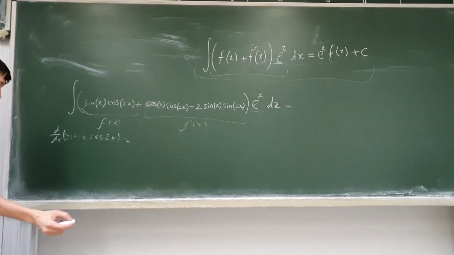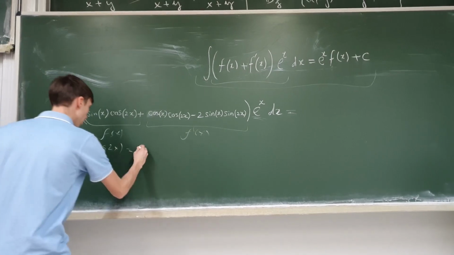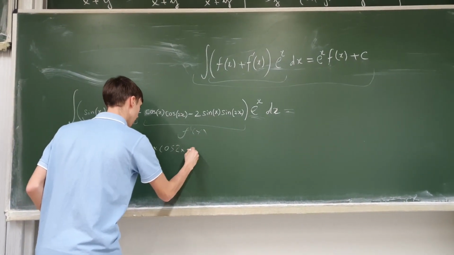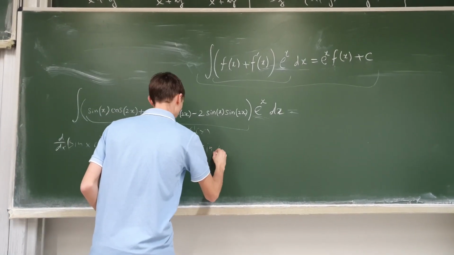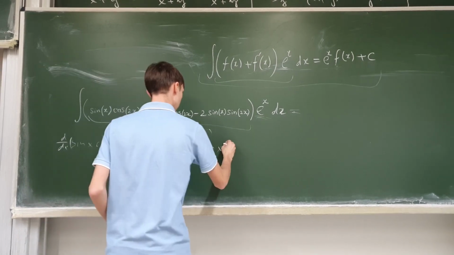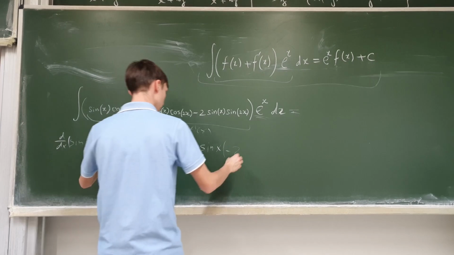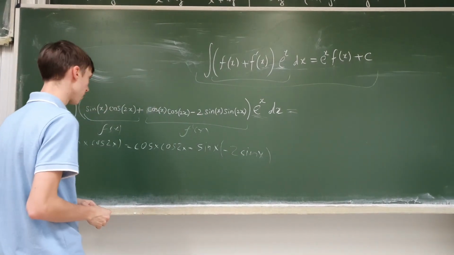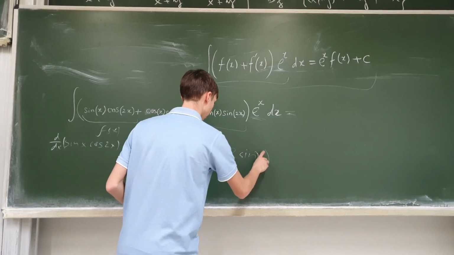Well, we can use product rule from the outside, which is cosine x cosine 2x plus sine x times minus 2 sine 2x.